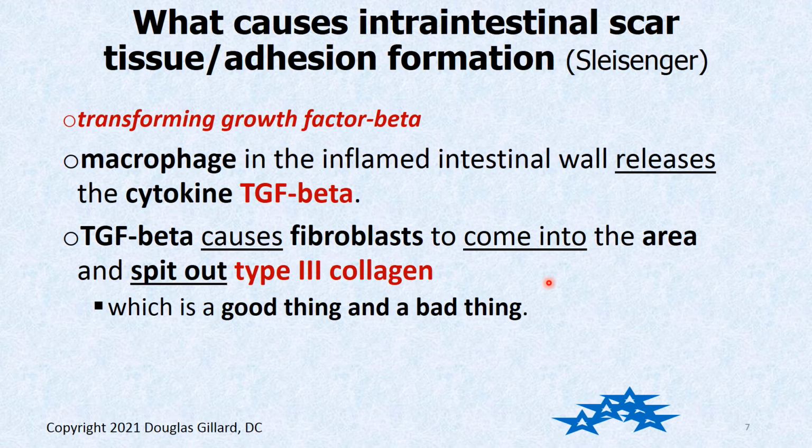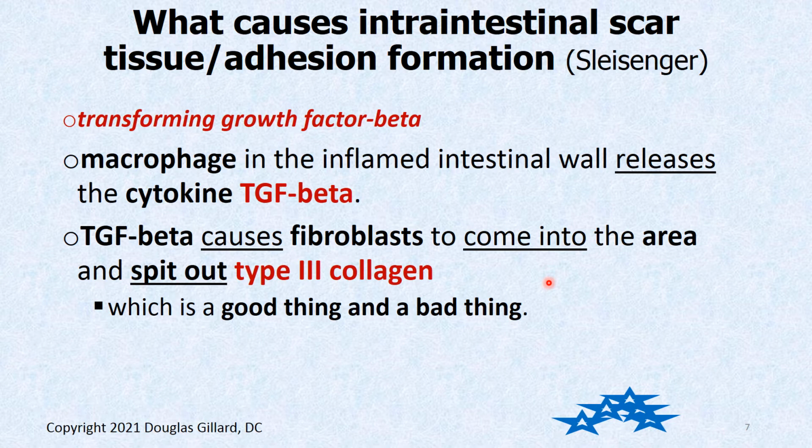What causes this scar tissue to build up in the lumen of the intestine? Well, in the inflammatory phenomenon that occurs via Crohn's disease, there's one interesting thing that typically happens. You get an overproduction of tumor necrosis factor beta, and that's the one that calls in fibroblasts.